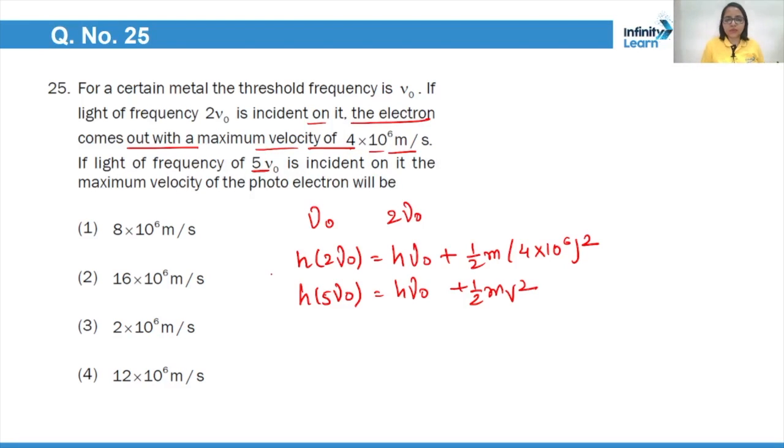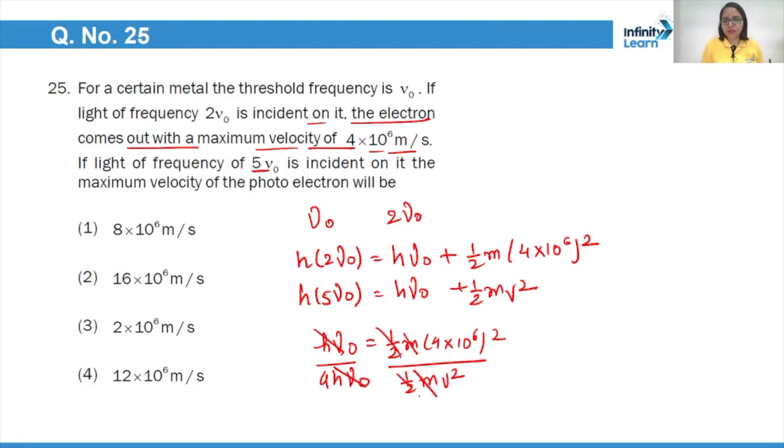Okay, so from first equation you can write this one, 2h mu naught is equal to h mu naught plus half mv square. So it is just h mu naught, that is equal to half m (4 into 10 power 6) whole square, divided by the second equation, which is 4h mu naught equal to half mv square. h mu naught cancels, half m cancels also.